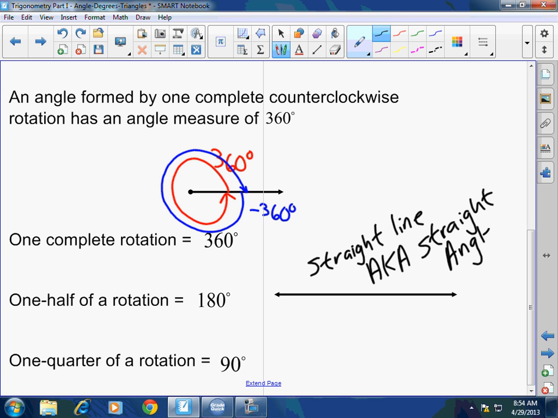And a straight angle has an angle measure of 180 degrees. Is everyone with me so far? Okay. And a quarter of a rotation is 90 degrees. Okay? Everyone with me? All right.